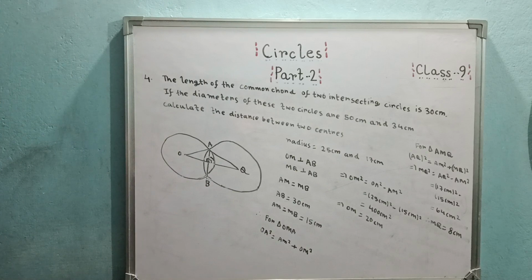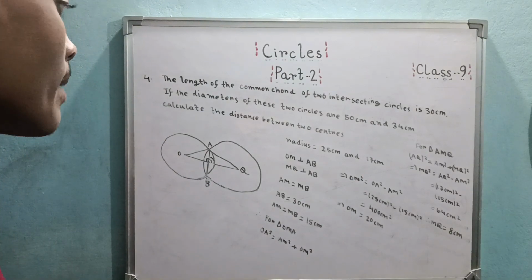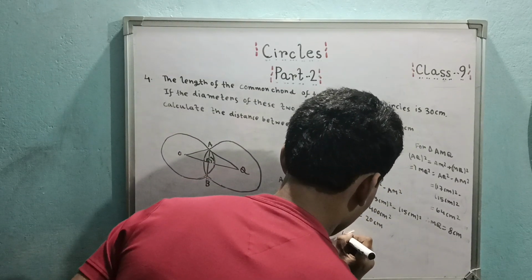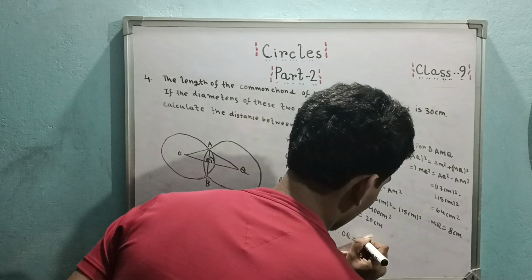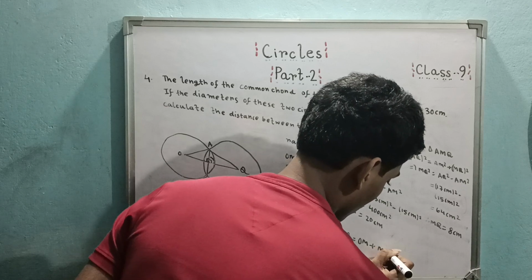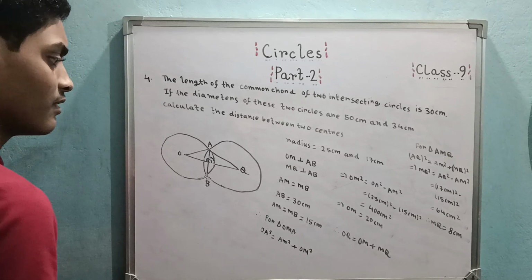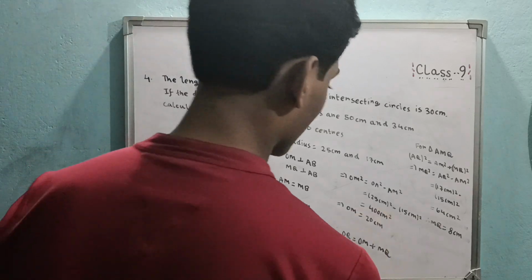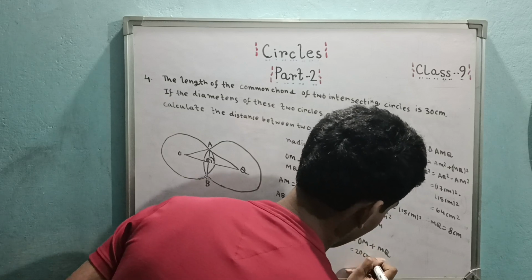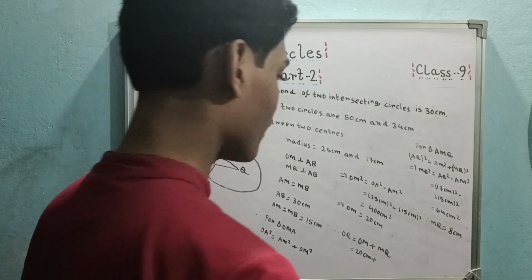Now you will be telling, why did you find out OM and MQ? We have to find the distance between centers, that is OQ. So I can write, therefore, OQ equal to OM plus MQ. We found out OM as 20 centimeter, and MQ as 8 centimeter.